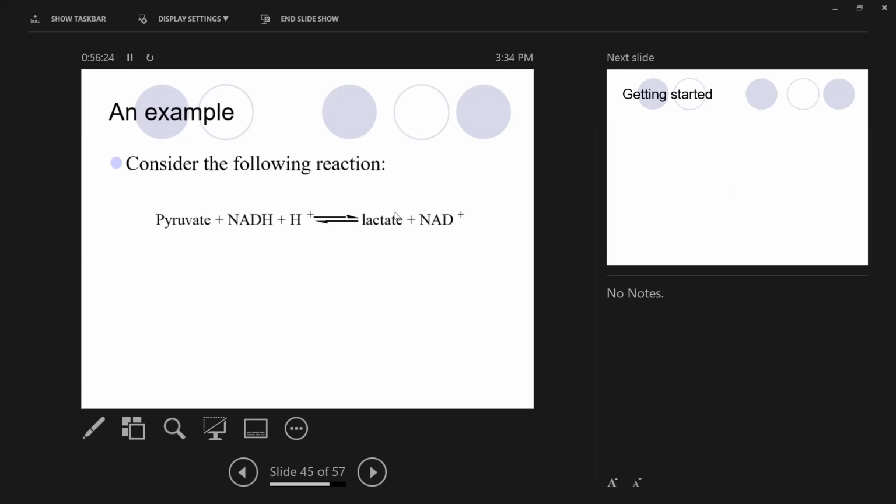NAD is weird that way. Flavins will carry 2 electrons, 2 hydrogens. NAD and NADP don't.